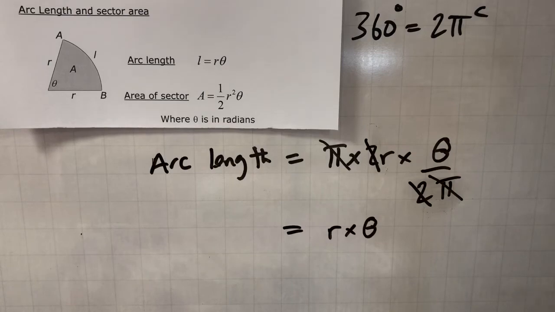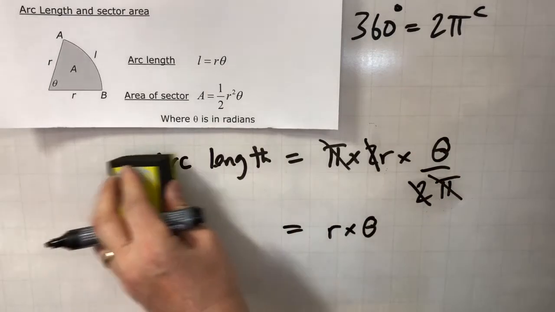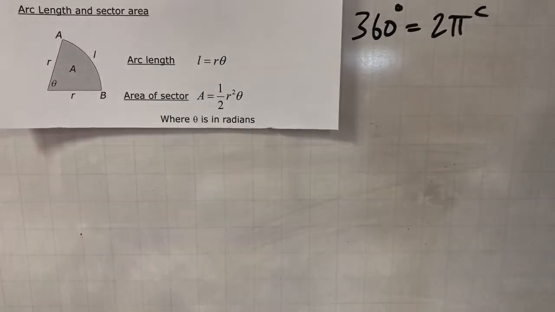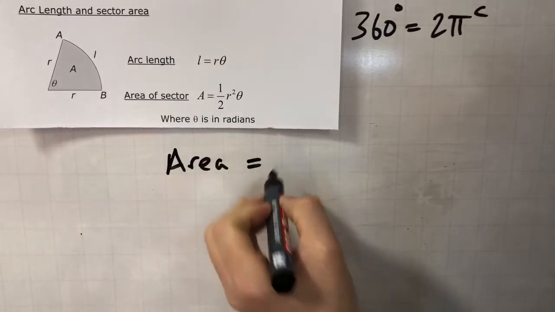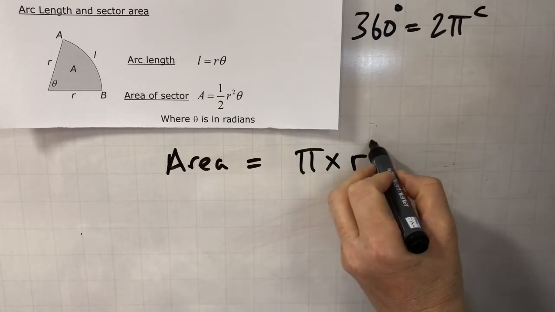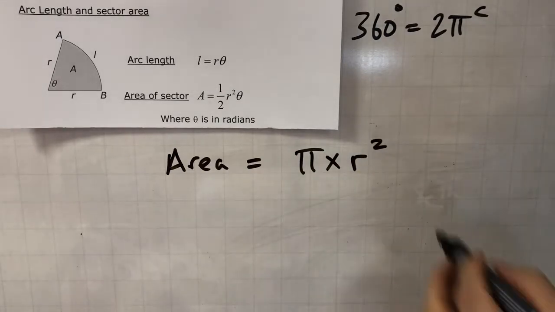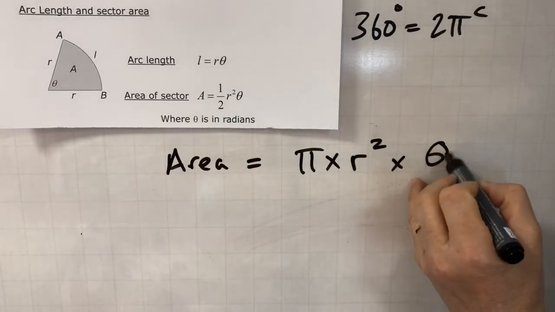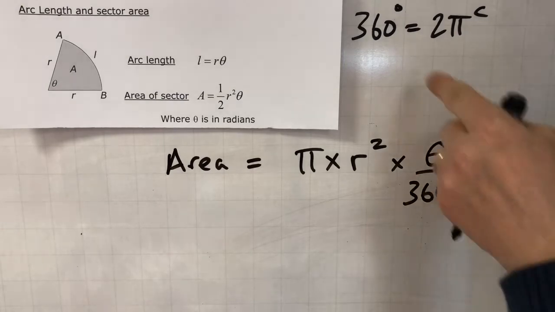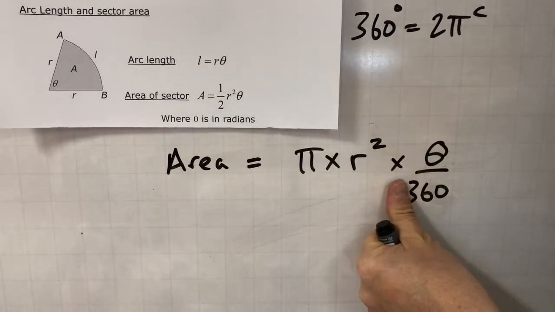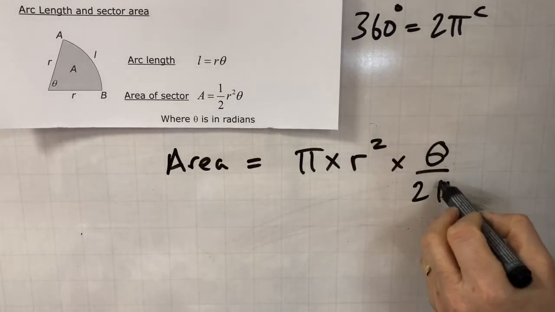The same is true for area, very similar proof for area. At GCSE, to work out the area of a sector, you would start with pi r squared, the area of the full circle, and then you'd times by that angle divided by 360 degrees. Repeating myself, if that angle is in radians, you would not be dividing by 360, you'd be dividing by 2 pi.